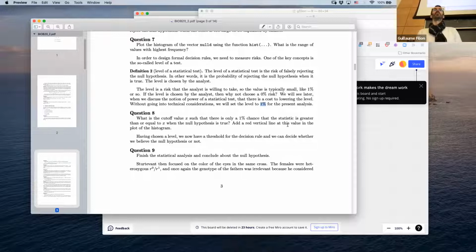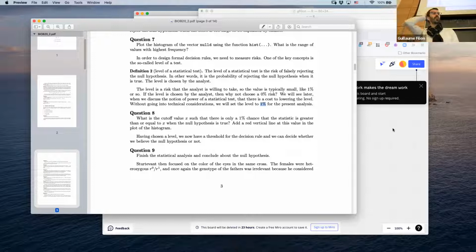It depends on what we lose by being wrong as well. Okay, so in the end, of course, we lose pride always, and we want to have 95% chance of not losing pride. That's for sure. But very often, when you make decisions, you can quantify what you're losing and what you're gaining. If you're making a financial decision, you're going to win some money if you're right, and you're going to lose some money if you're wrong. Well, you can choose so that you minimize your loss, for instance.